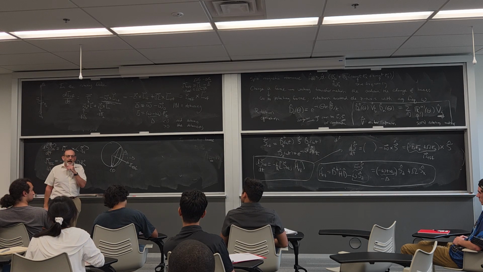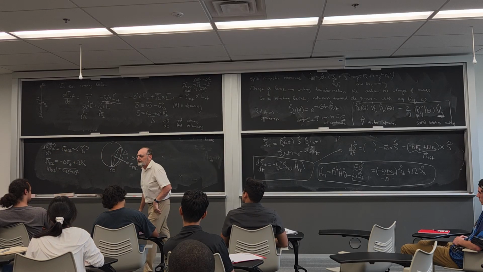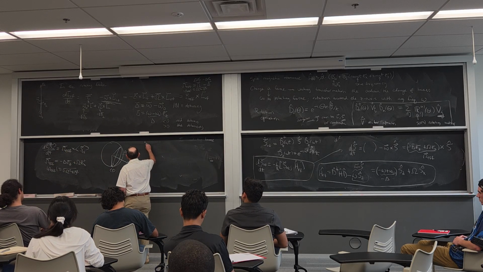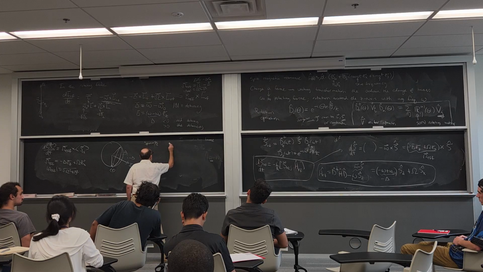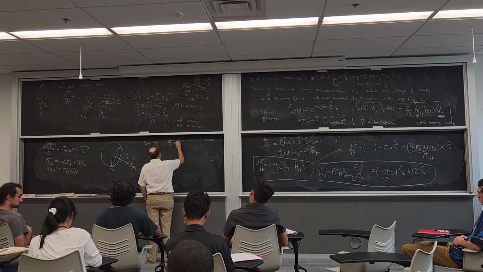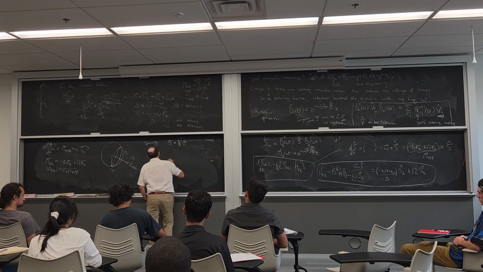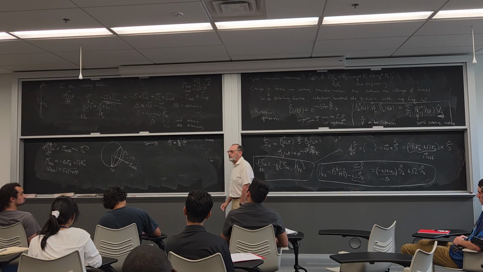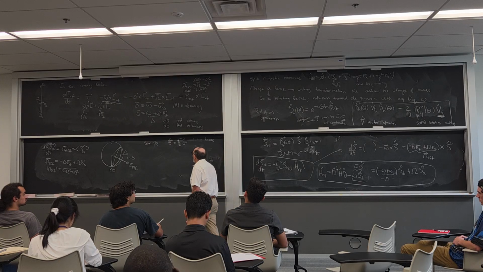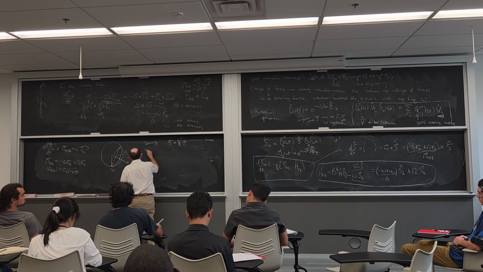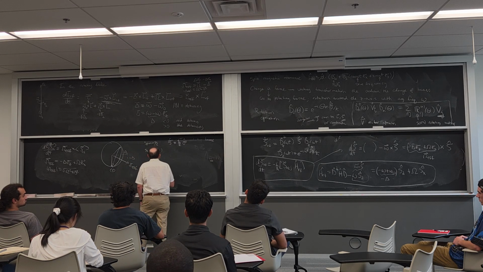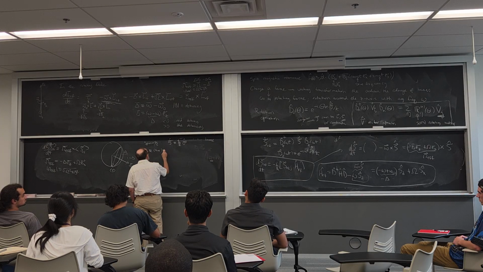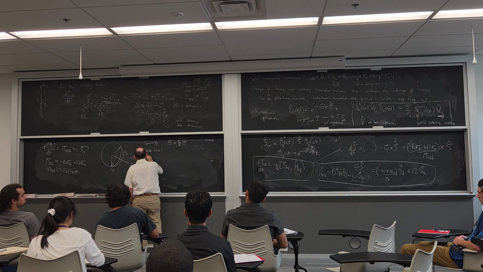Now, let's specialize to the case of spin 1/2. For spin 1/2, we know that the spin angular momentum vector is h bar over 2 times the vector of Paulis, right? And so if I have some state, let's say a pure state, doesn't really matter, then we know that the Bloch vector is this.